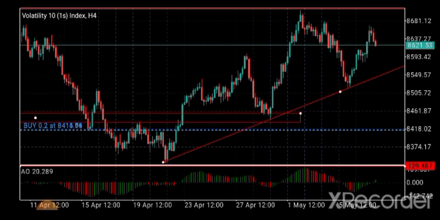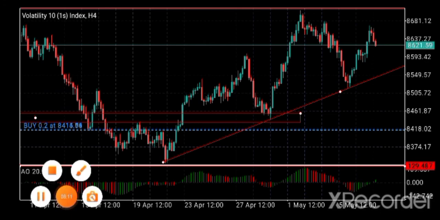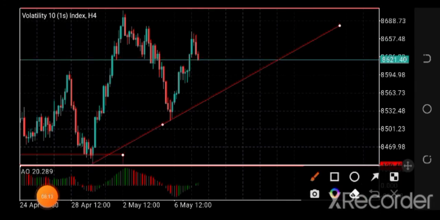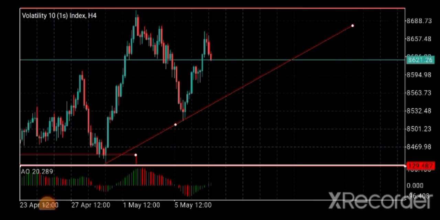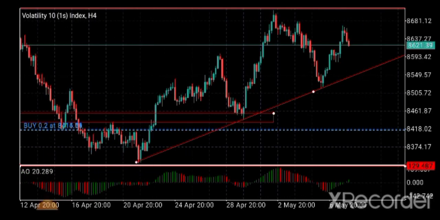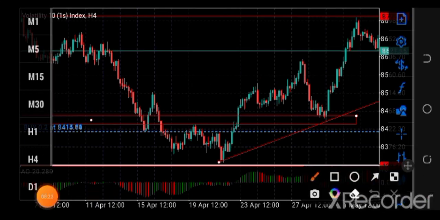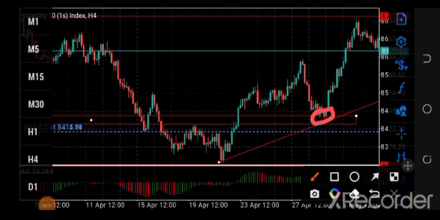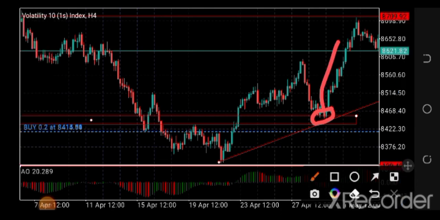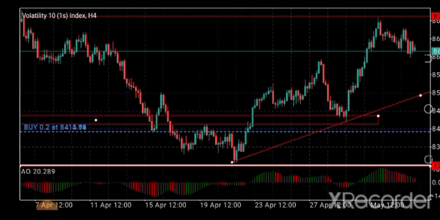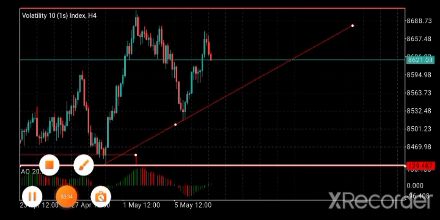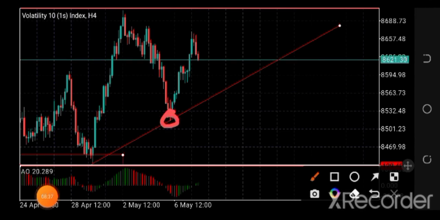Let me talk about those who are scalping. You enter from here. When the market comes and touches there, you enter and ride. When it reaches there, you take your profits, then you wait again. It comes, touches here, you enter again and go. Just like that, scalping can be easy in this way.